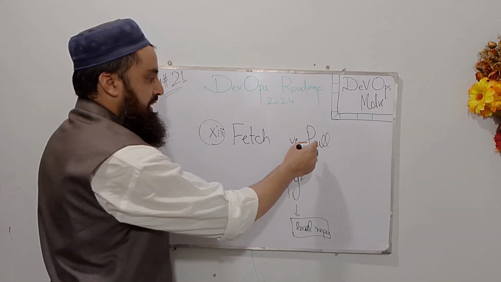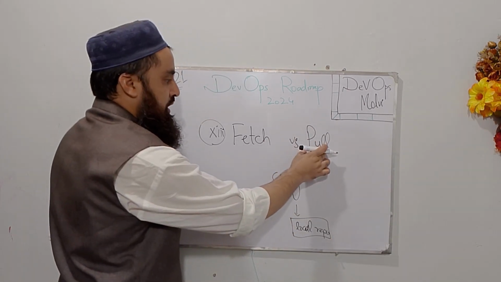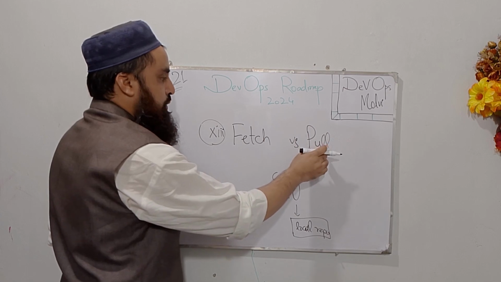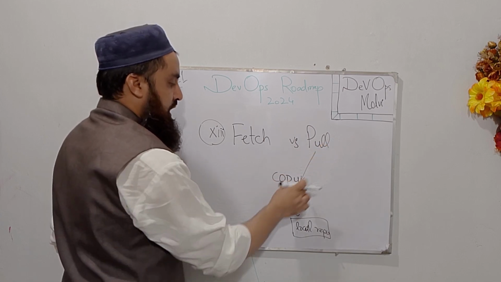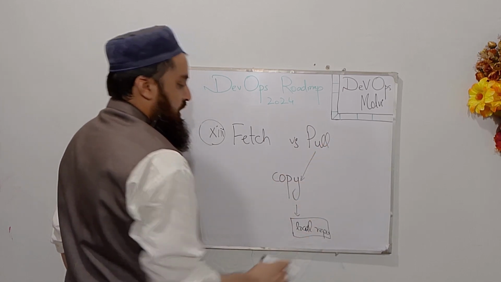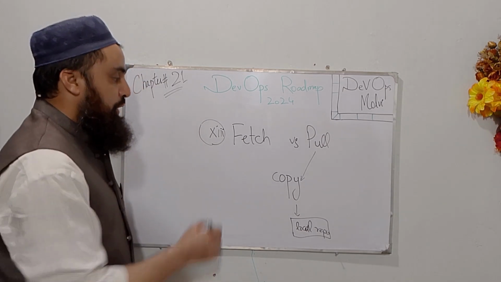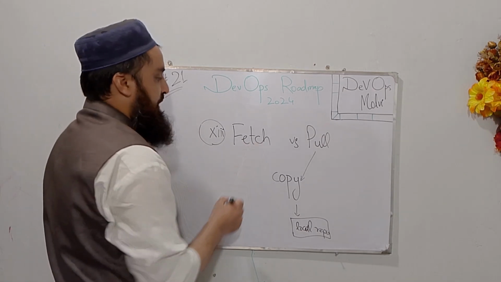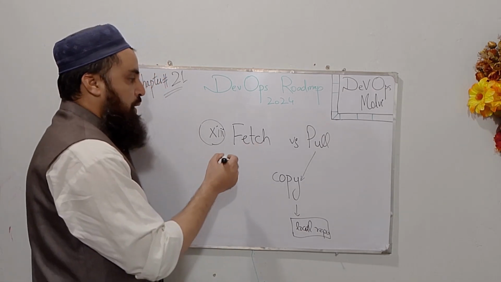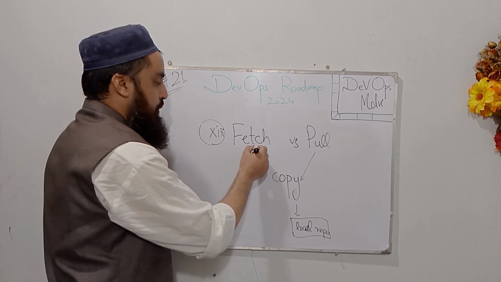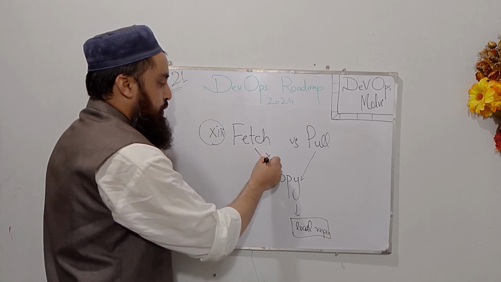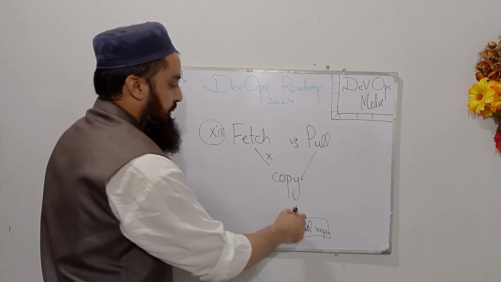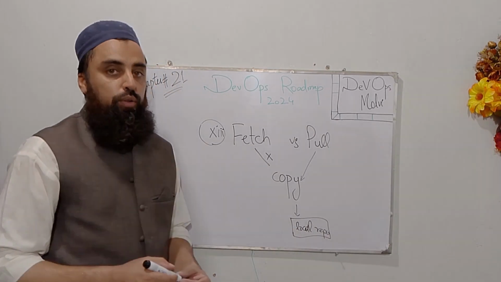So it means that when we use git pull, everything in that remote repository is copied into our local repository. Whereas using git fetch, we just know about the changes in a remote repository, but those changes are not copied into our local repository.